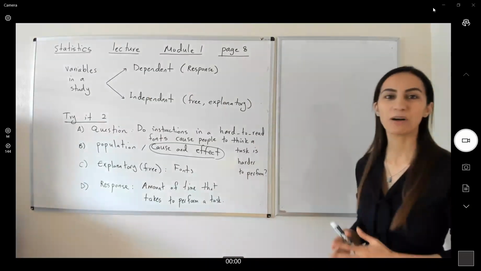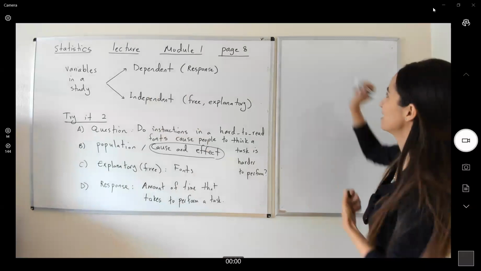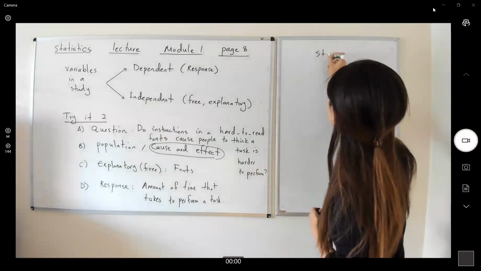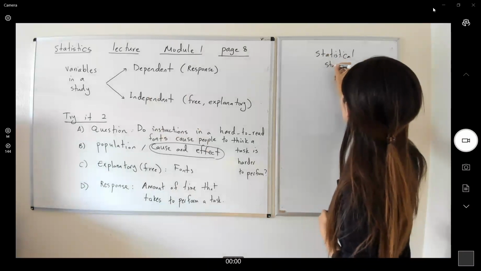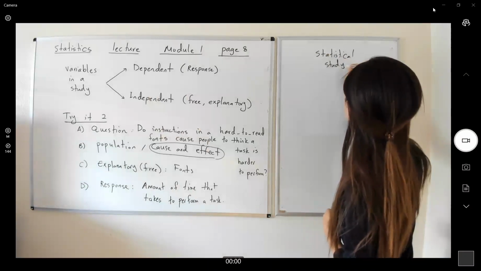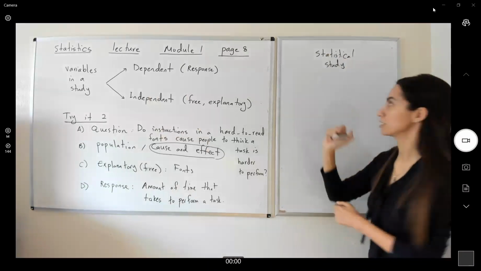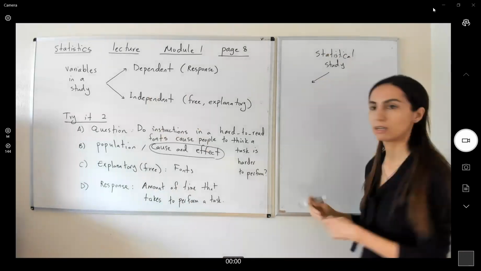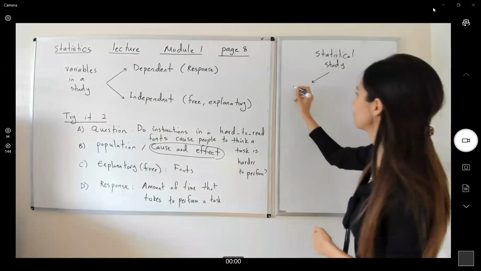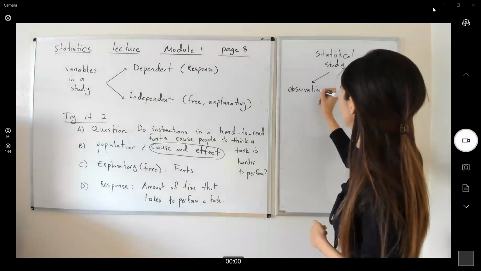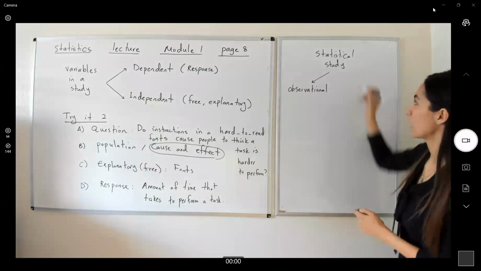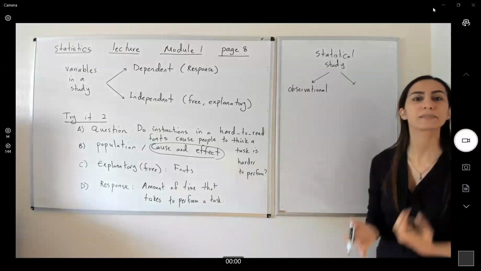So when it comes to statistical study, we have two types of studies. The first one is called observational study. And the second one is called experimental study.